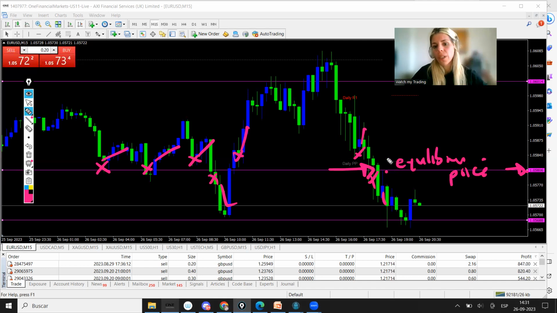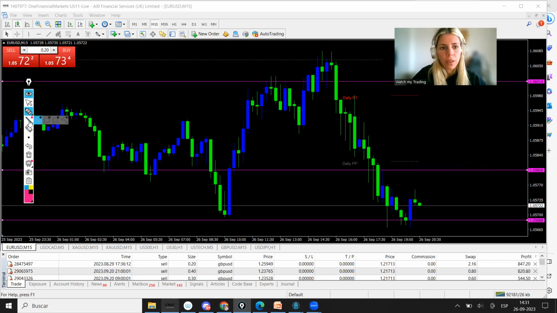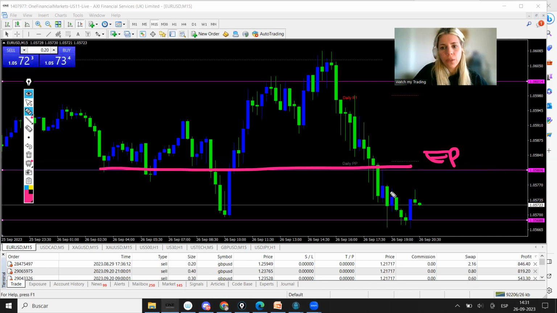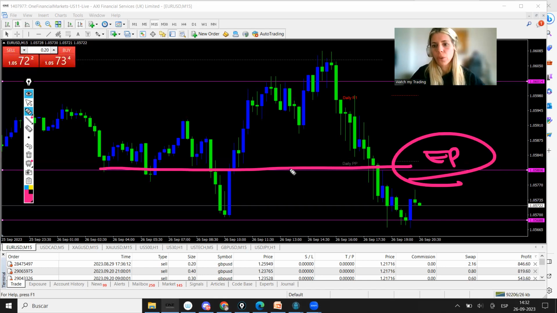So you had to try to avoid that price before you jump in. Okay. In other terms, the euro dollar was basically for the sellers pretty much the entire session. Just that when we got to that level right here, equilibrium price, you stop trading. There's nothing you can do with those prices unless you have enough confirmation to short or enough confirmation to buy.